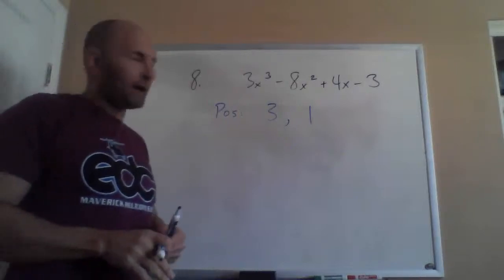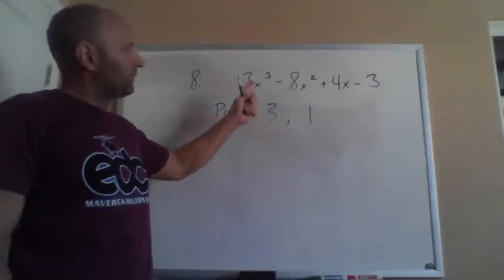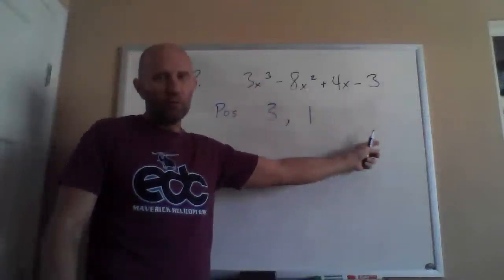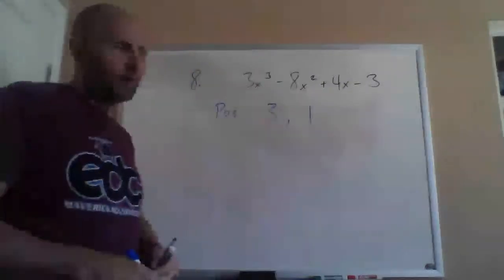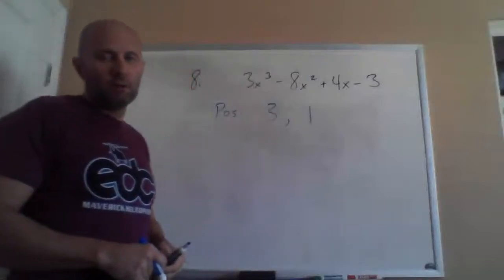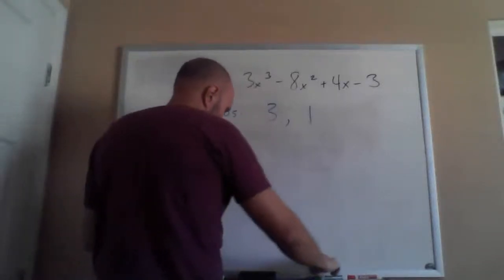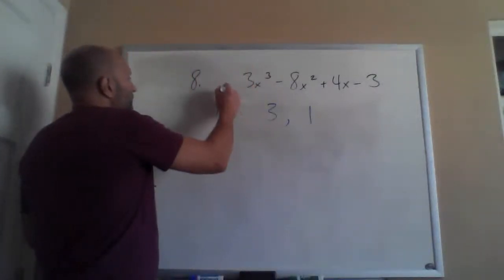Any questions on that? If this number would have been 8, then it would have been 8 or 6 or 4 or 2 or 0. It keeps going down by 2s. That's the possible number. Could be 3 or it could be 1. So then the next one, we need p of minus x.